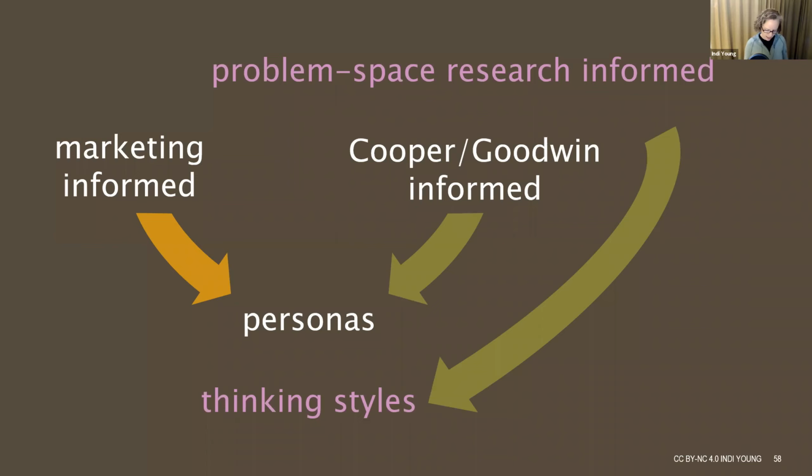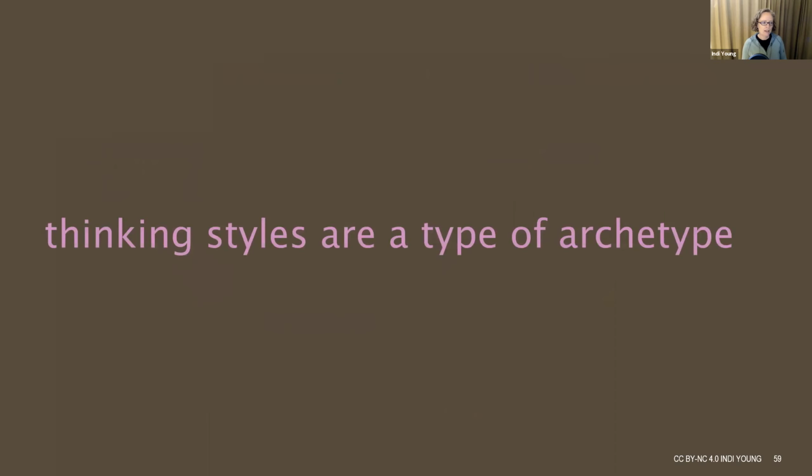Super quick thinking styles. Basically, they're personas. Excuse me, I don't call them personas because personas have baggage, and personas have this dual heritage from marketing and from Alan Cooper and Kim Goodwin. And sometimes they're done one way or the other, and sometimes they're done with or without research. And so I'm like, let's just use a different word to mean that it's coming from this kind of data. Thinking styles are a kind of archetype.